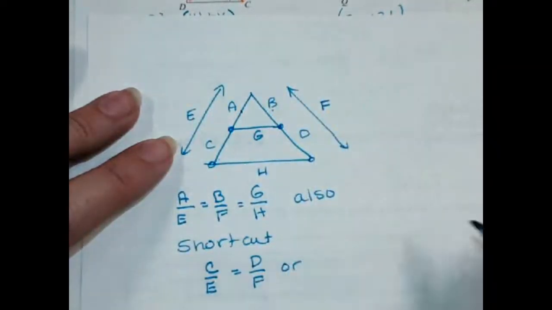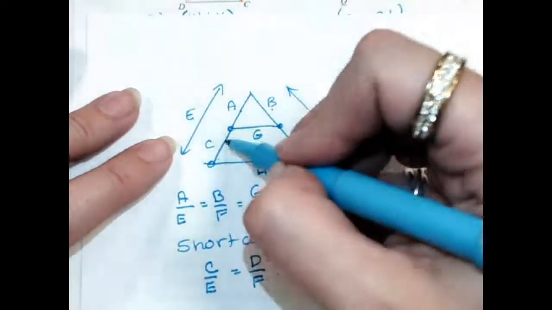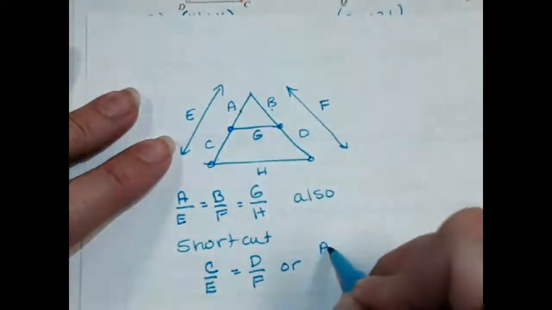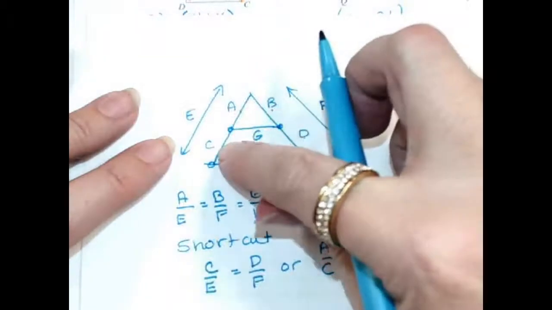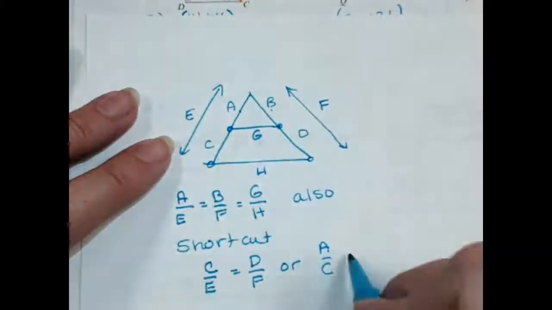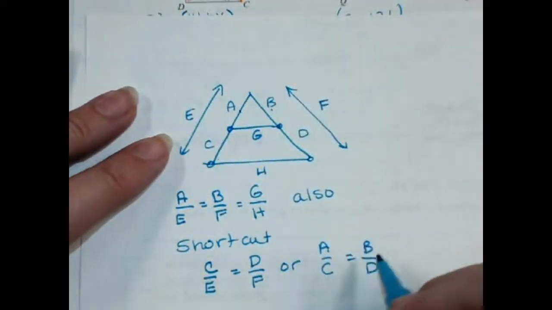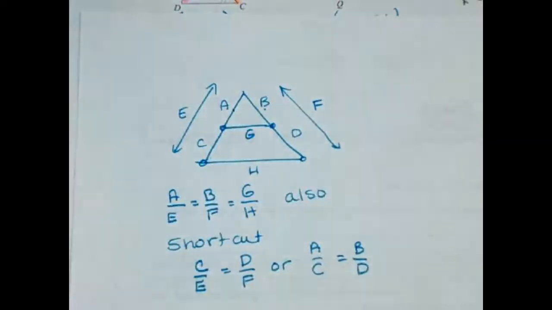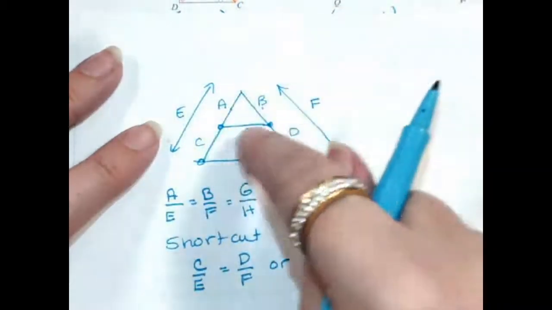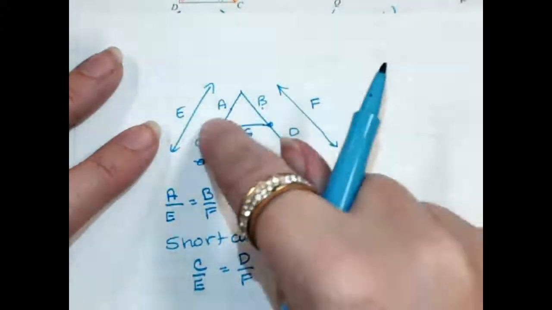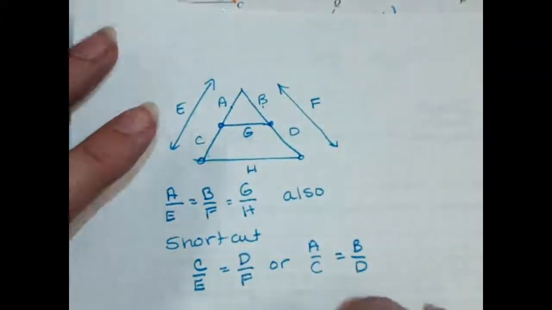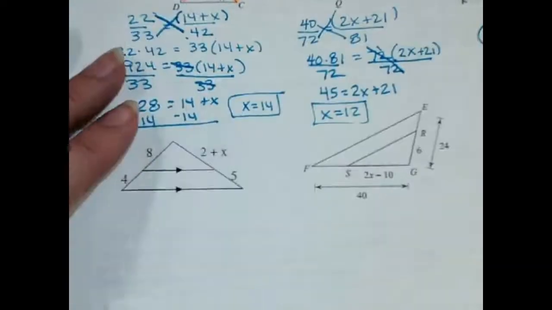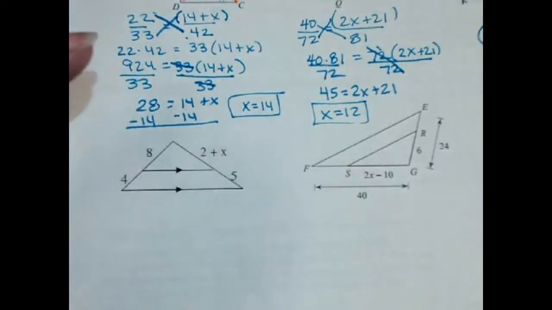Or I can also do this small part here goes with this small part here. So A goes with C, like B goes with D. It kind of works where any of the little parts go together on the sides here. They won't still go with these parts, but they'll go with each other. So make sure you copy these down because these are some more options here. We put this at the bottom of the paper, and we can look back at that.